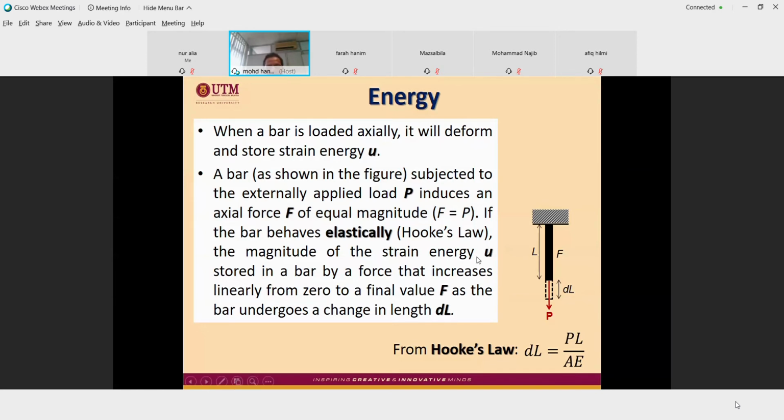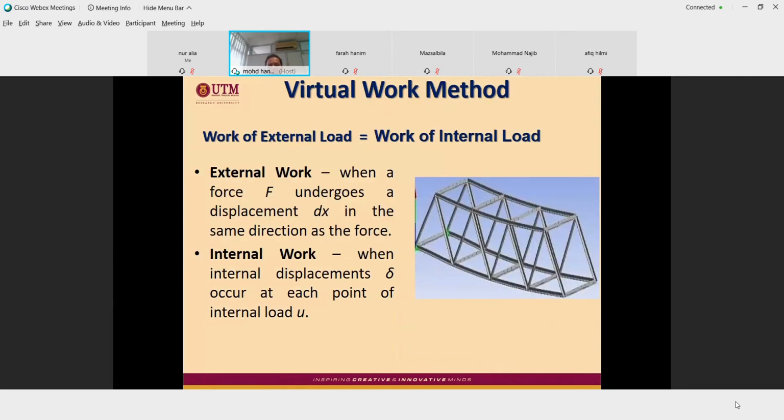The magnitude of the strain energy stored in a bar by a force that increases linearly from 0 to final value, dL, where dL is equal to PL over AE. This is as what we have done in the first topic. Elongation is equal to PL over AE. So dL multiplied by force is equal to energy. Just as information. Okay.